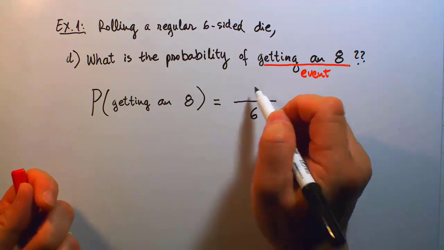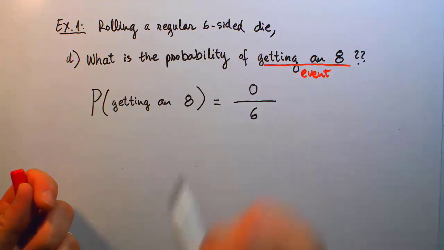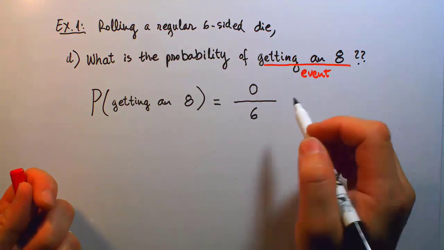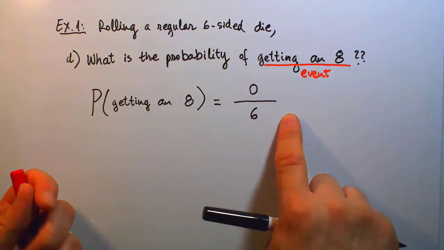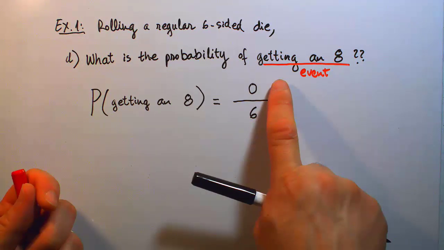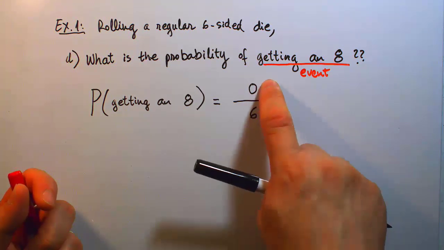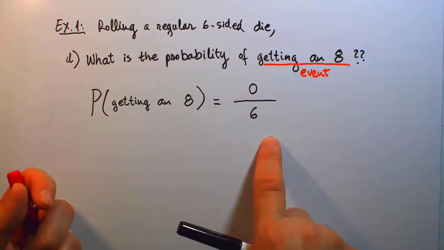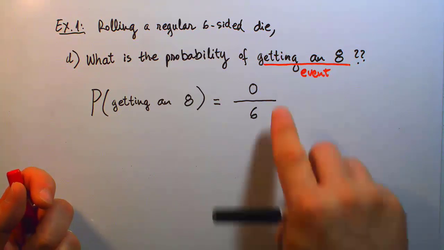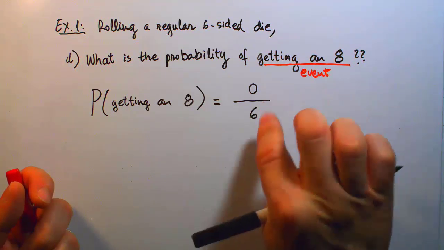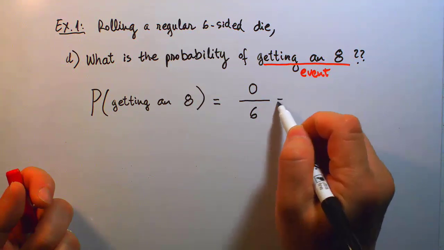So we found 0 outcomes. Once again, I purposely walk through the steps so you can see that we always need to solidly nail down the number of outcomes that meet our event over the total number of outcomes in the sample space.